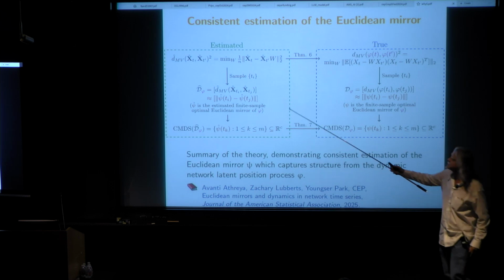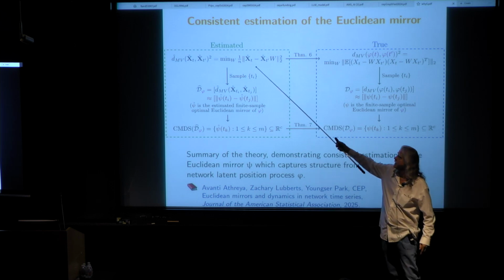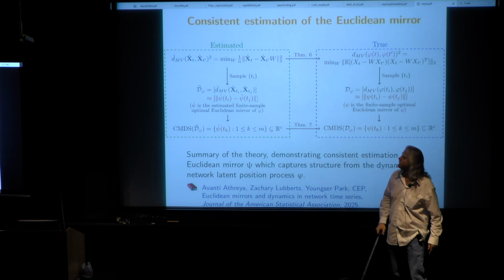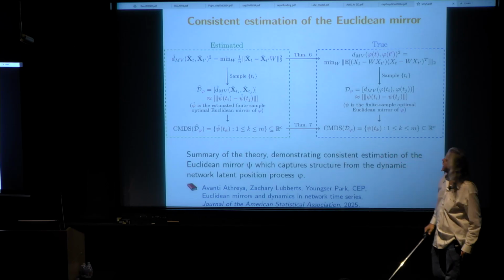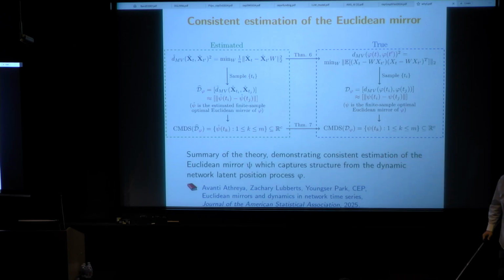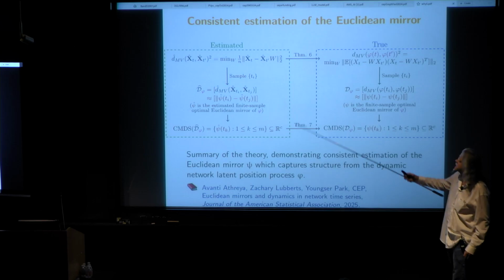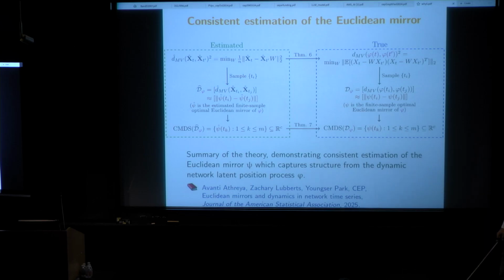Well, I can estimate that by taking the adjacency spectral embedding of each graph at each time, and then I have to, again, find the orthogonal transformation that best matches those, and I'll get my estimate of this true distance. The mirror shows up right here as a finite sample mirror of the phi.